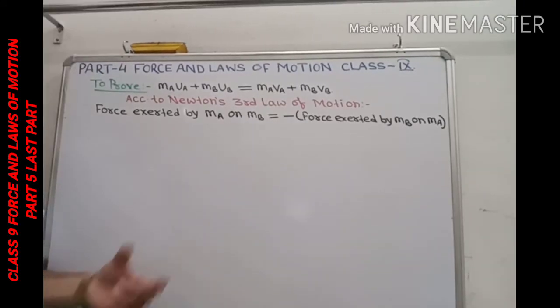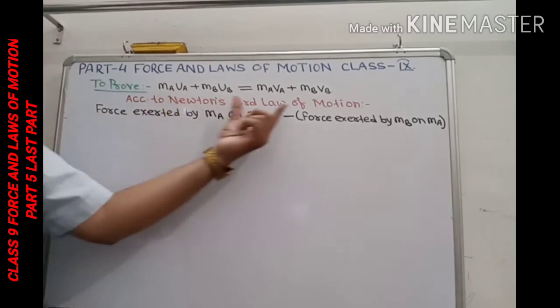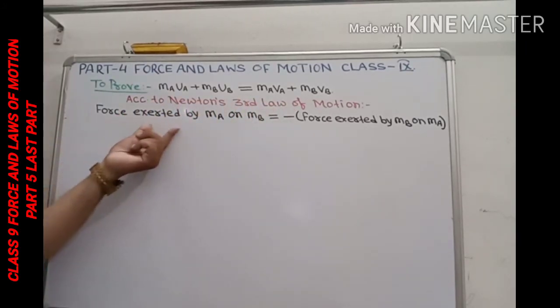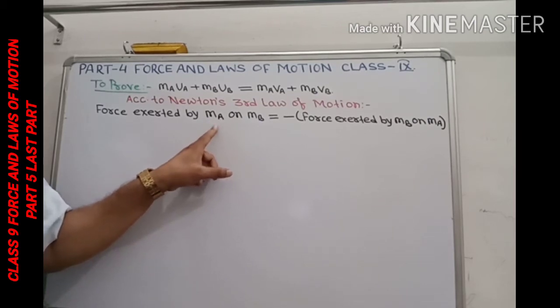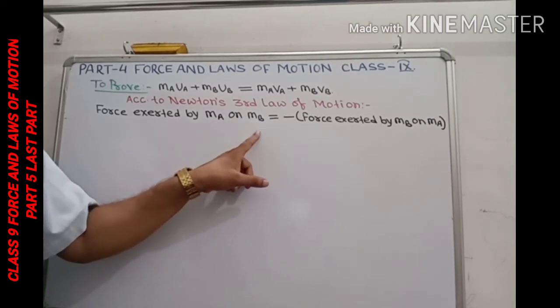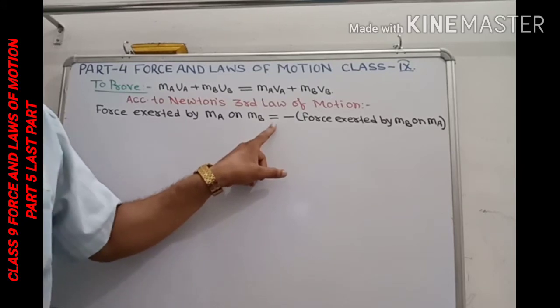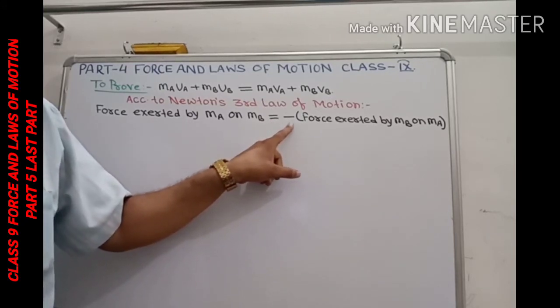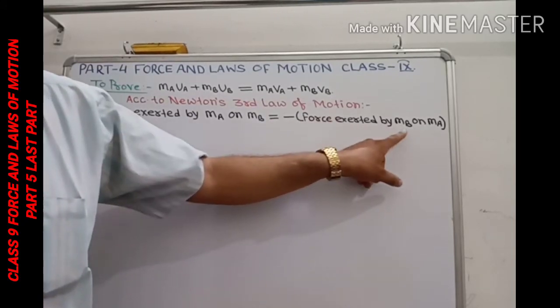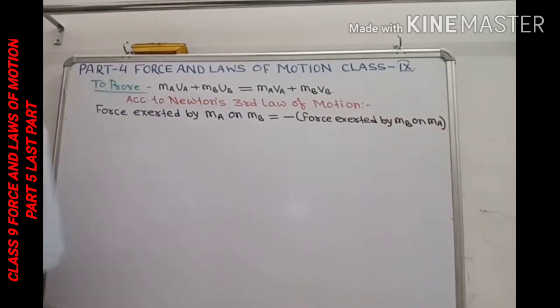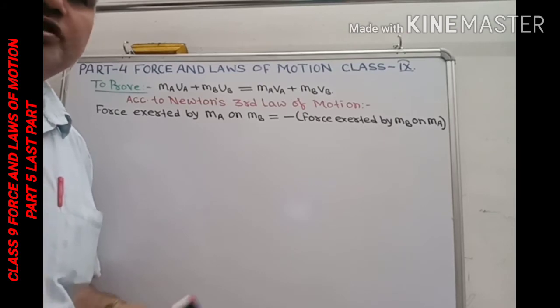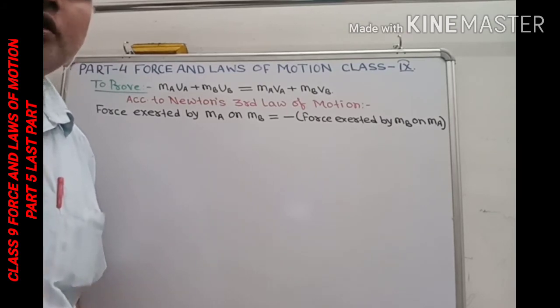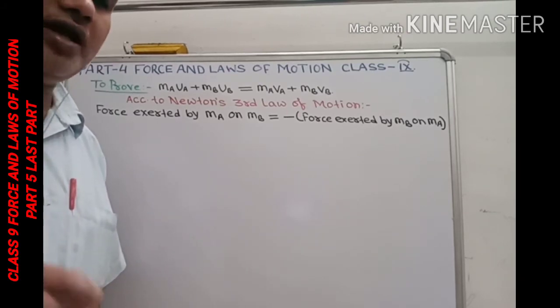The force exerted by MA, that is object A, on MB, that is object B, is equal and opposite to the force exerted by MB on MA. That means both are exerting forces which are equal in magnitude but opposite in direction.